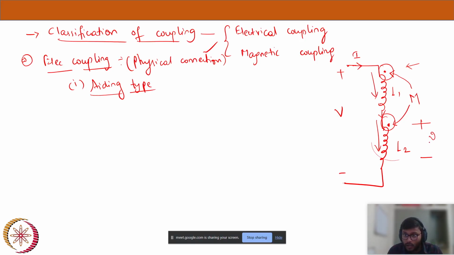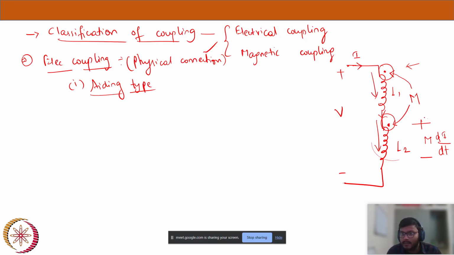We know the magnitude of this voltage as well. What is it? M di by dt. This i is due to the current flowing through coil number 1, and since it's series connected, the current will be the same. What is important is this polarity, plus and minus.